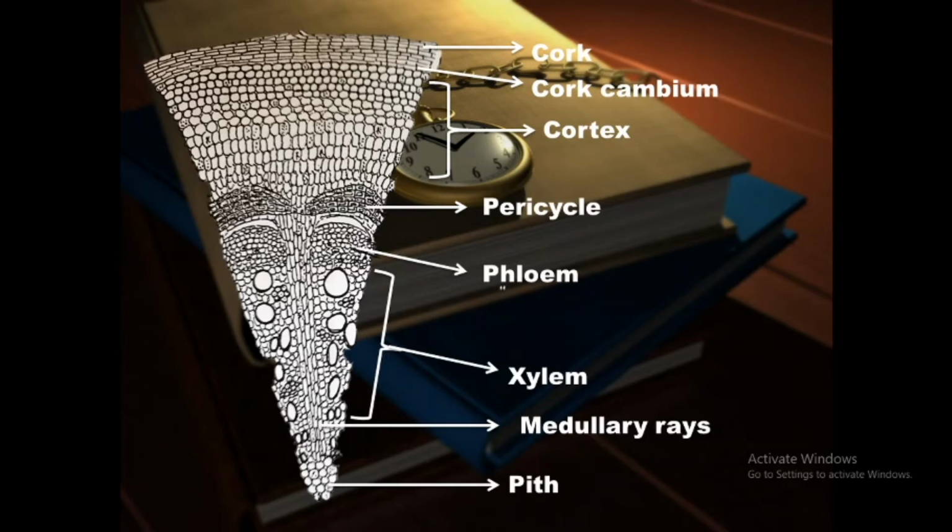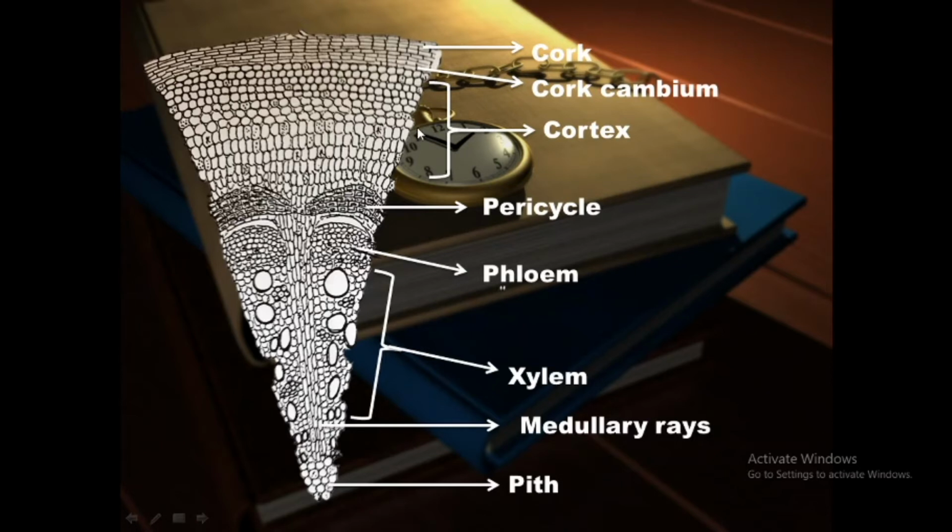Next, another important layer is the cork cambium. This cork cambium resides just below the cork cells and contains a single layer of rectangular cells. Next, another important zone is the cortex. This cortex contains 4 to 5 layers of collenchymatous cells.